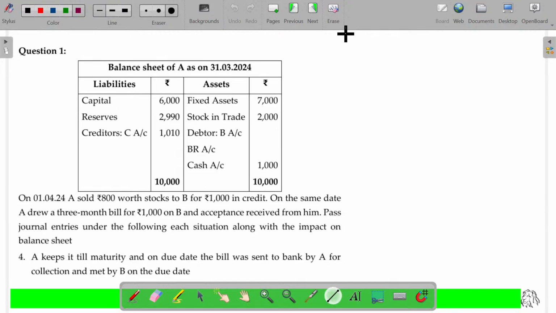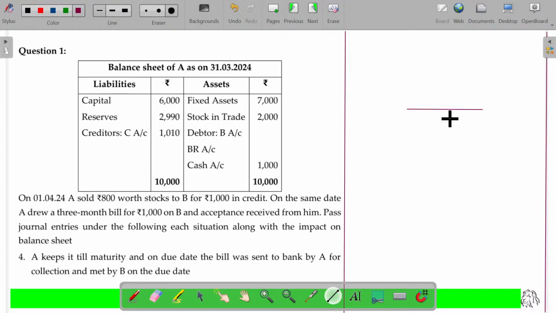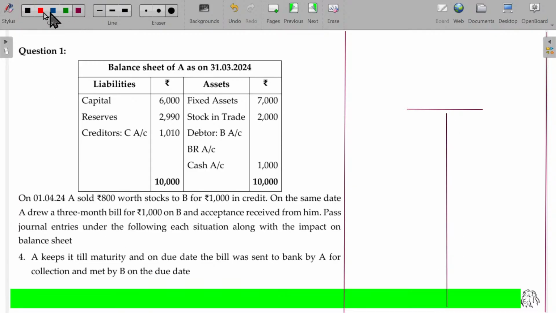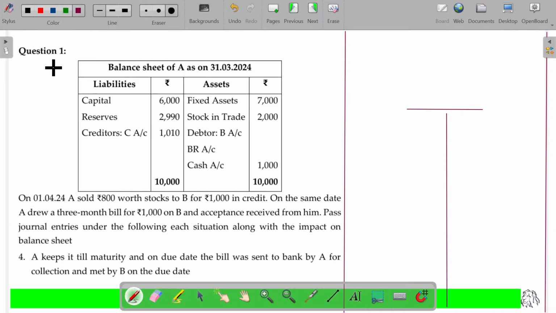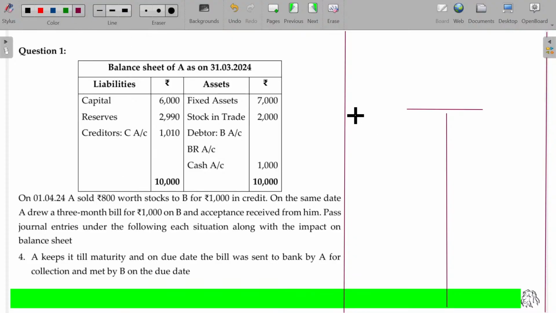Let's start with the fourth one. You can join with me to solve. Don't wait until I finish. In the books of A, in the books of B. On 1/4/24, A sold 800 rupees worth of stock for 1000 on credit.